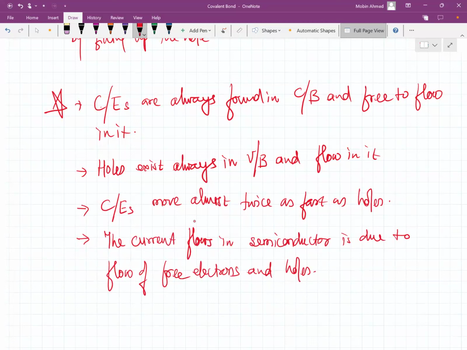So this is the current which is going to flow in a semiconductor. Remember, we are talking about the semiconductor. In a semiconductor, the current which is flowing is due to the flow of the free electrons and the holes.